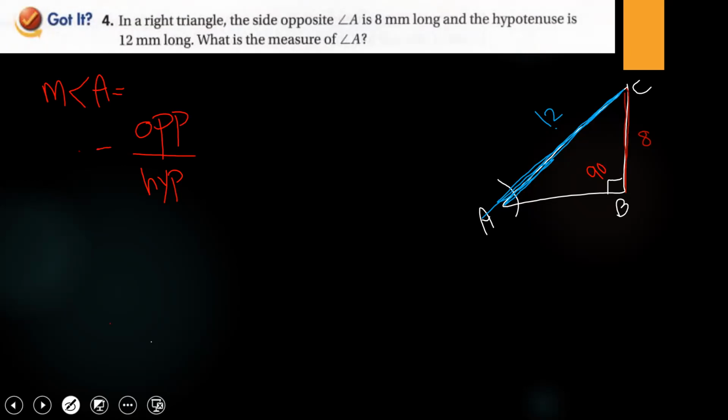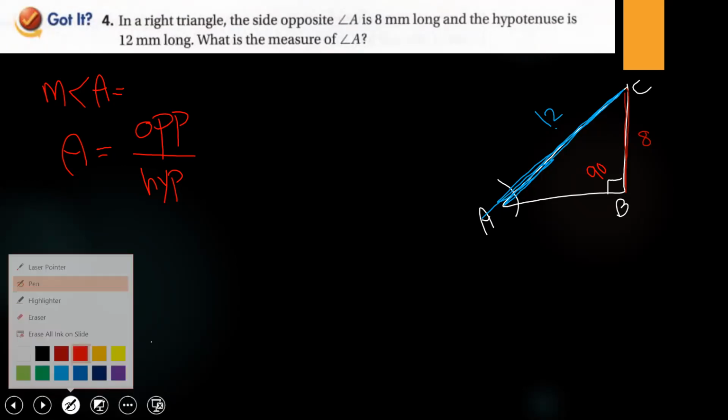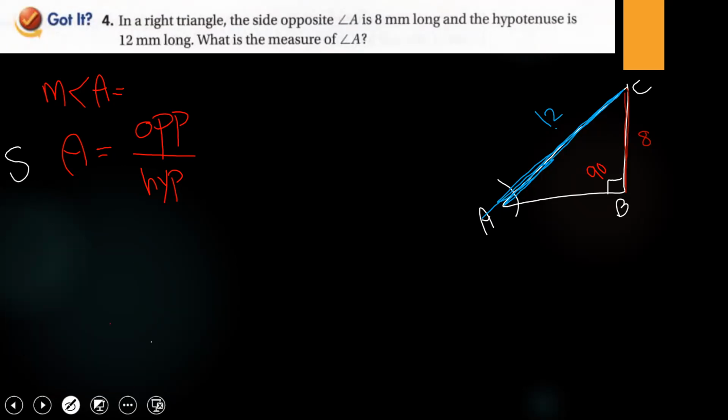Now, who can tell me what is the opposite over the hypotenuse? 8/12. Sine. Thank you. So sine A is the opposite over the hypotenuse. After the first step, I wrote which angle I have, which sides I have: A, opposite and hypotenuse.